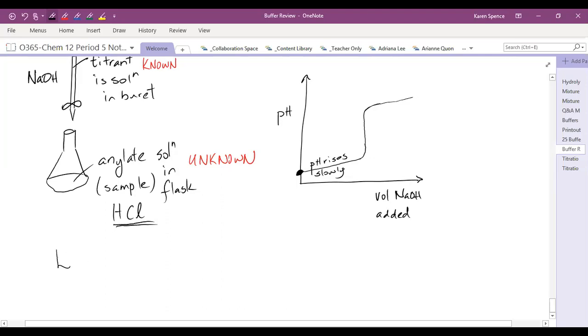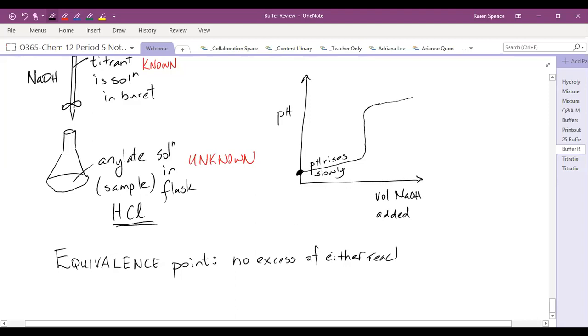So does anybody remember what the equivalence point is? No excess of either reactant. Yes, exactly. No excess of either reactant.